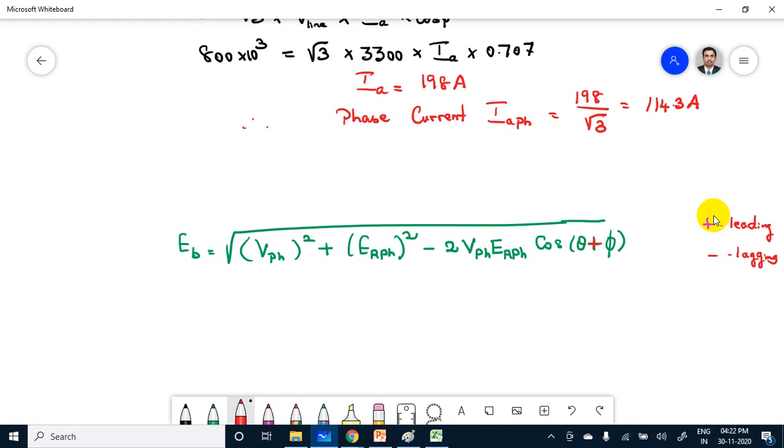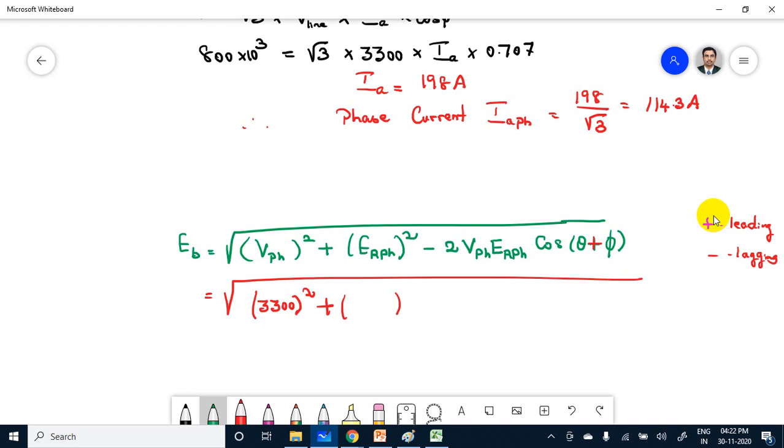Now we will find each and every value. V phase you already know: square root of 3300 whole square plus ER phase, which you don't know. So how to find ER phase? It will be IA into ZS.